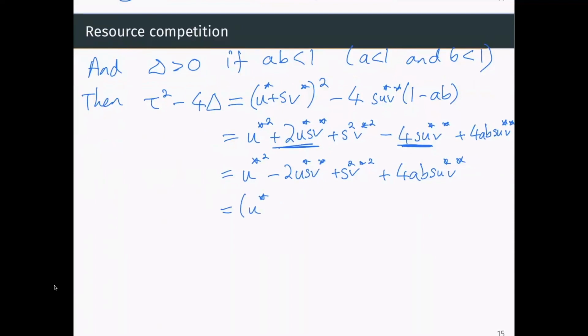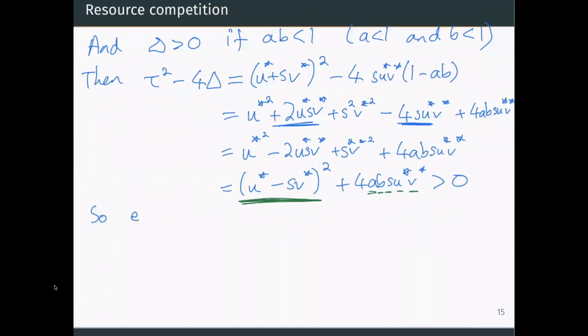So we're going to have U star minus SV star all squared plus 4AB SU star V star. Because we're squaring this term here, this is going to be positive. All of our parameters A, B, and S are positive. Our U and our V are positive. So this is also going to be positive. So our eigenvalues are real because tau squared minus 4 delta is positive. And we therefore have a stable node.